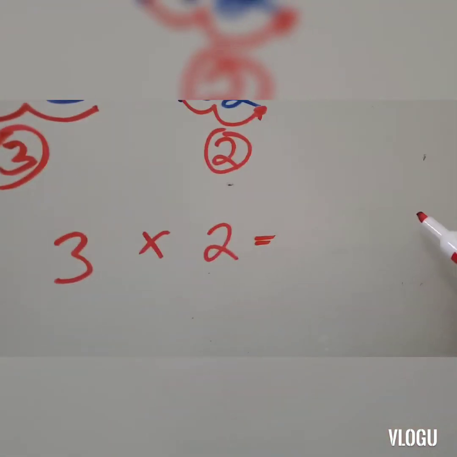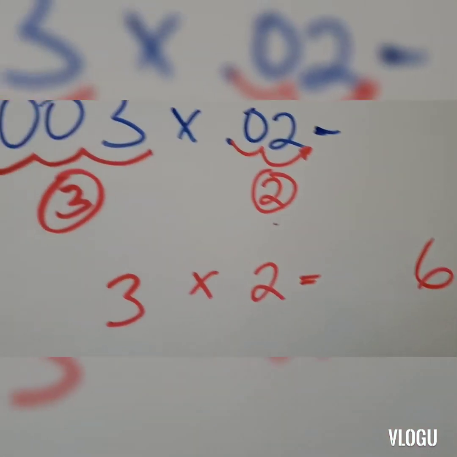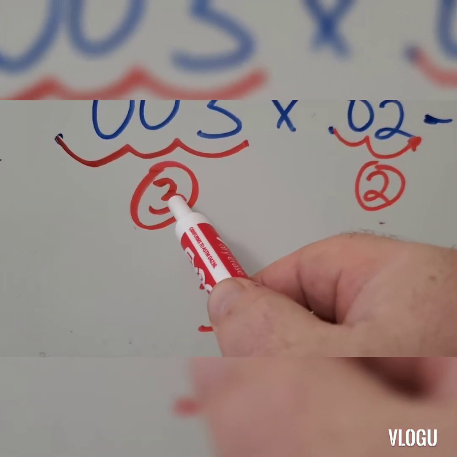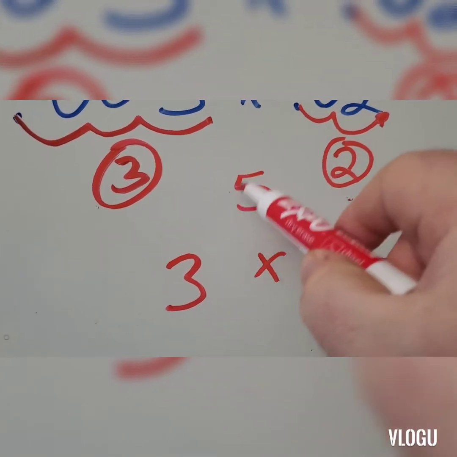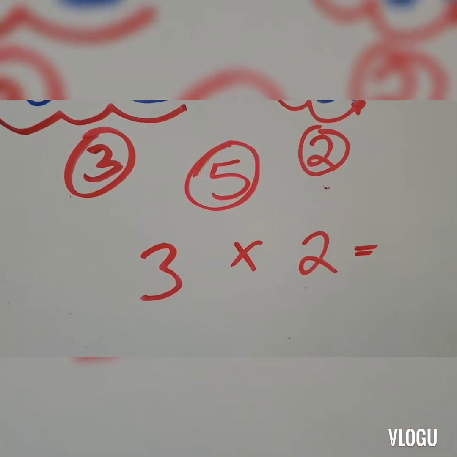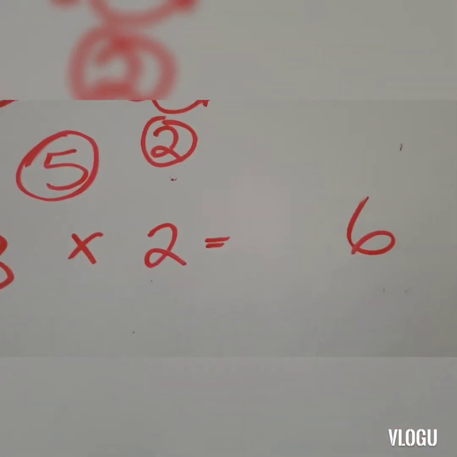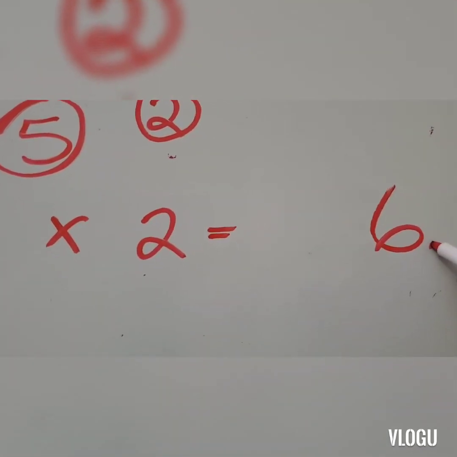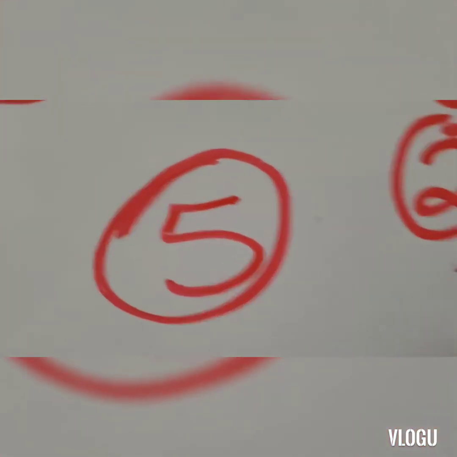But even though this is a 6, we have to move a decimal back 3 plus 2, or 5 spaces back in. The decimal for our 3 times 2 lives right here. We need to move it 5 spaces.